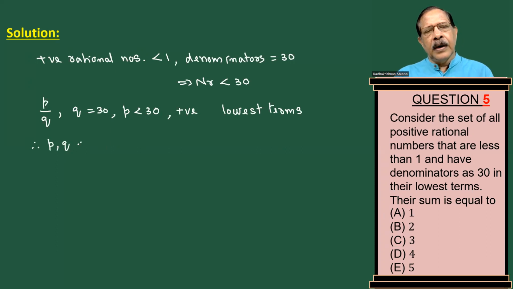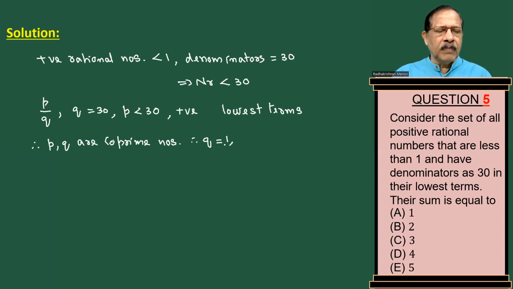Therefore, p, being positive, can be 1, 2, 3, 4, 5.